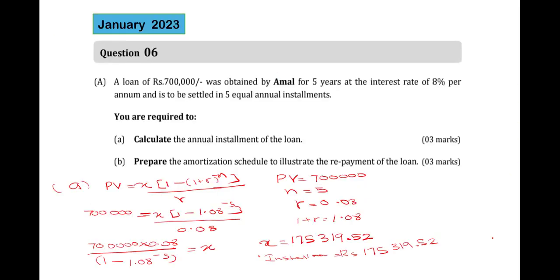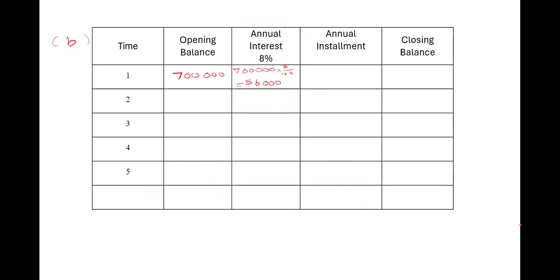Then what is the annual installment? We found that. The annual installment is 175,319.52. Here I take 2 decimals, 52. Now how to find the closing balance?